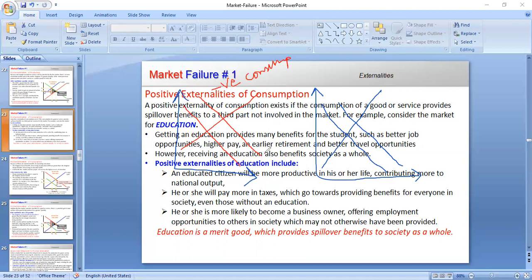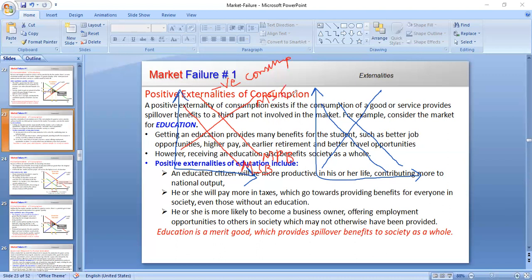With the negative externality in consumption, the marginal private benefit is greater than the marginal social benefit, and then the corresponding demand curve. If this is marginal social benefit, this one will be marginal social cost.